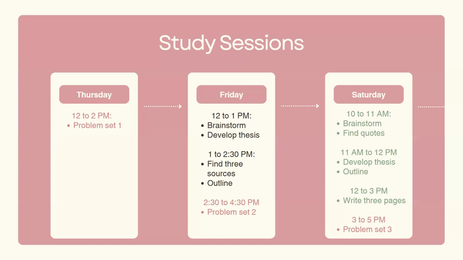Because this essay I'm starting on Saturday is easier, I'm going to try to write 3 pages on Saturday. That's because with the essay I began on Friday, I have a little bit of that anxiety paralysis, so I want to work on it when I can use my best mental energy. So that's why I'm not working on that on Saturday.